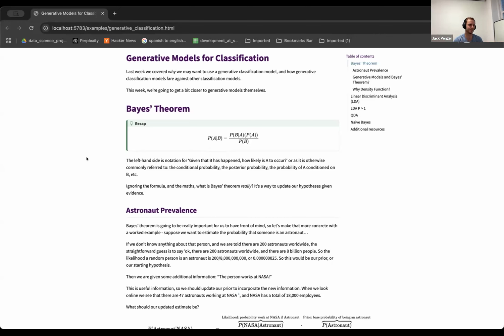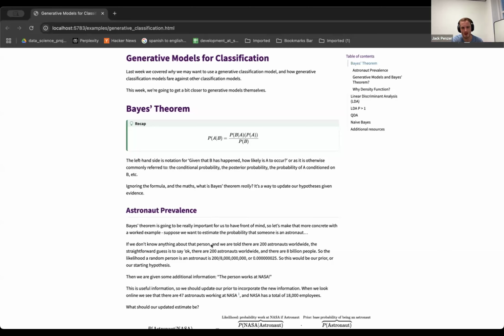You could be trying to figure something out, some information that gives you an estimate of what you're trying to figure out, and then you get some new information. It's like, okay, well, what do I do with that information? And Bayes' theorem helps you take that information, update your estimate, and then you've got your estimate afterwards.